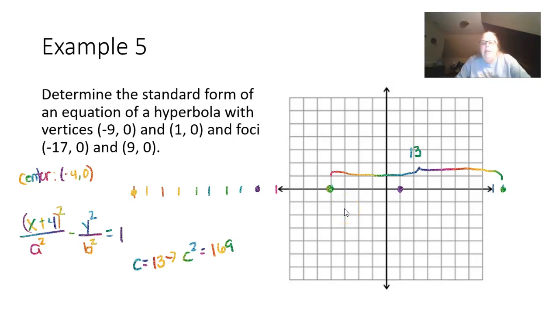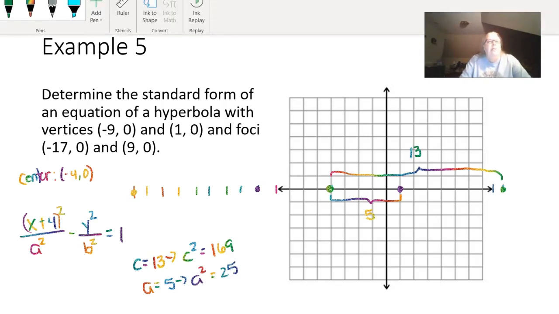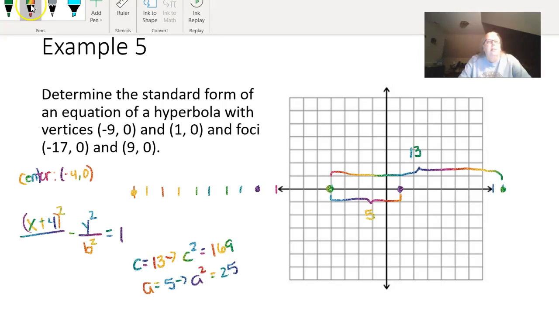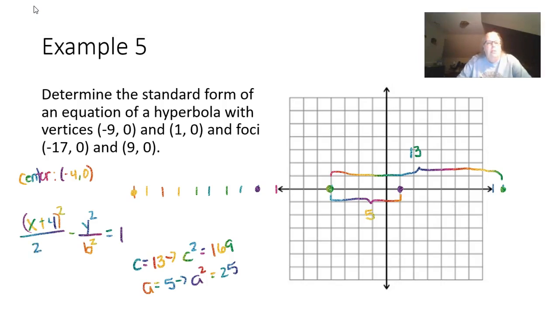All right, a we can find by looking at the distance from the center to a vertex, and that's going to be 5. That means a is going to be equal to 5, which makes a squared equal to 25. Well, that was pretty helpful because now I can fill in another piece on my equation here. We now know that this is 25.